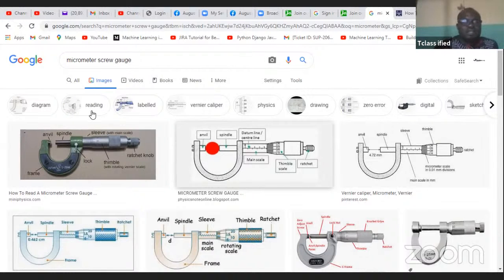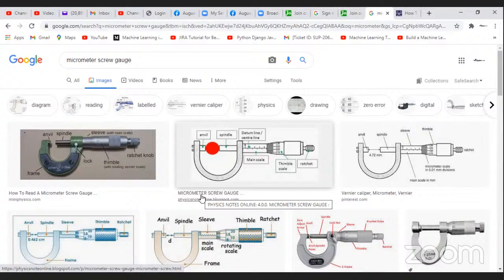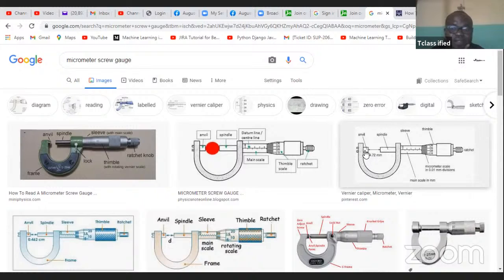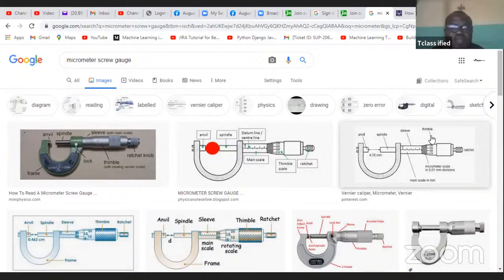Okay, so this is the picture of a micrometer screw gauge. You use it when you want to measure smaller lengths. It consists of the spindle and the anvil. This is where you put the measurement that you want to get. You have the thimble and the sleeve.